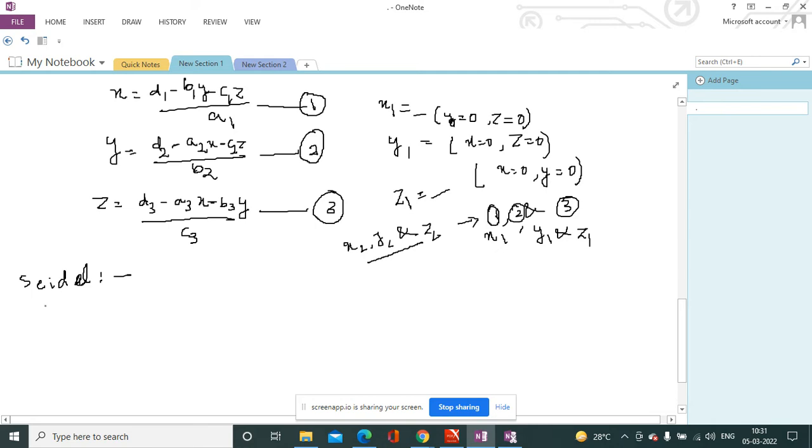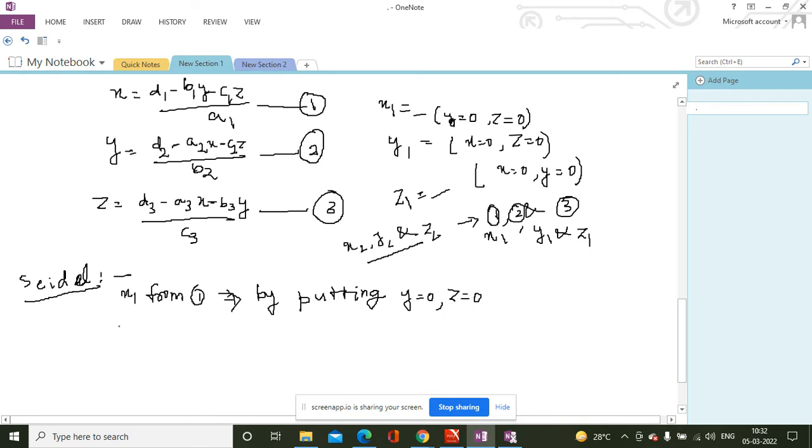What is the difference? To obtain the first iteration, x1 from equation 1, we put y equal to 0 and z equal to 0.